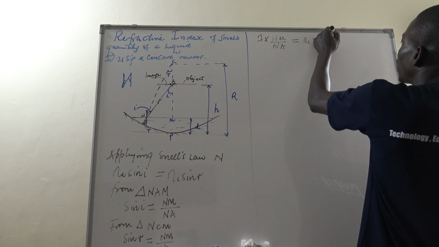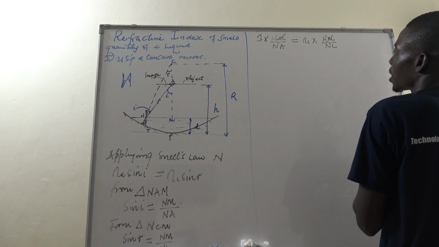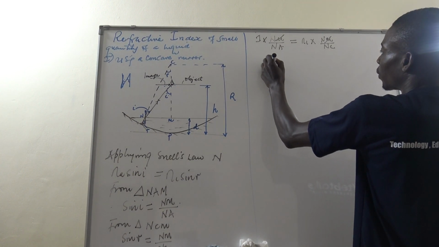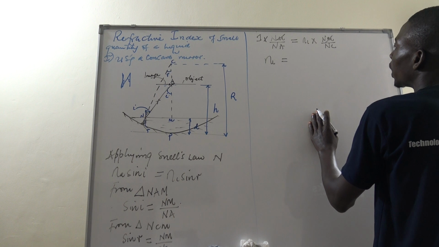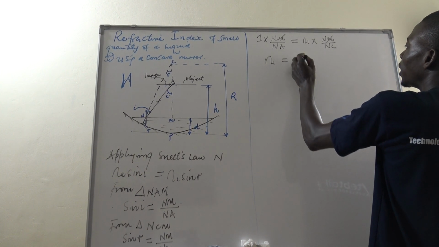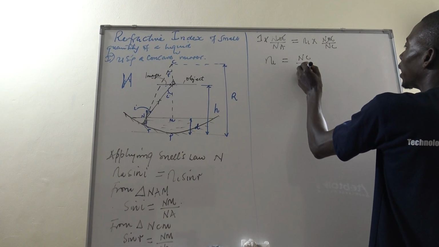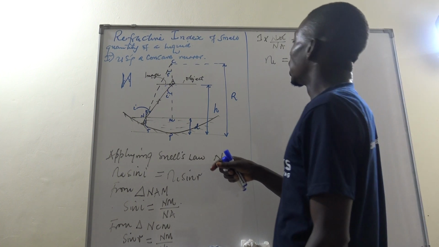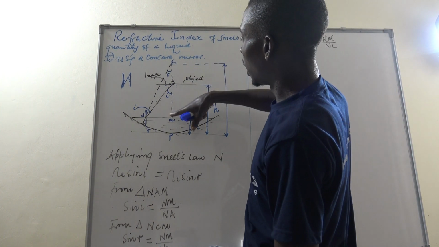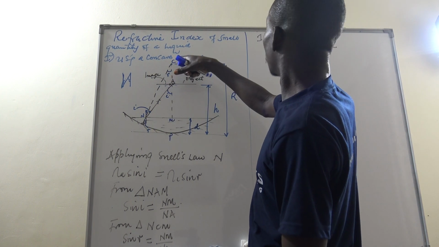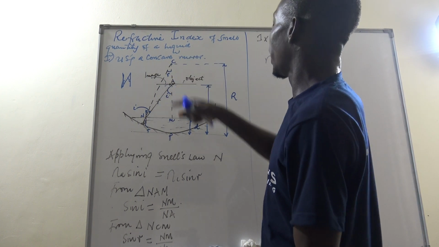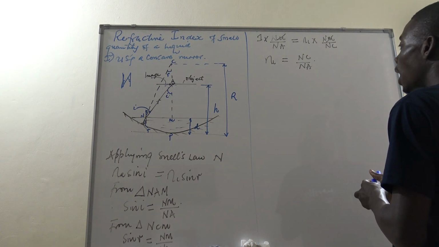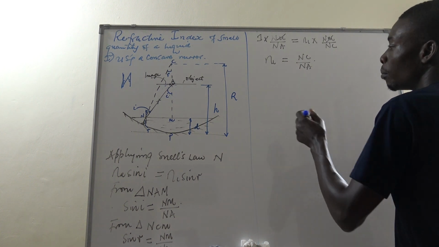So you realize that the NM terms cancel out. Then I make n of the liquid the subject, so the refractive index of the liquid equals NC divided by NA. And then there we can make an assumption.